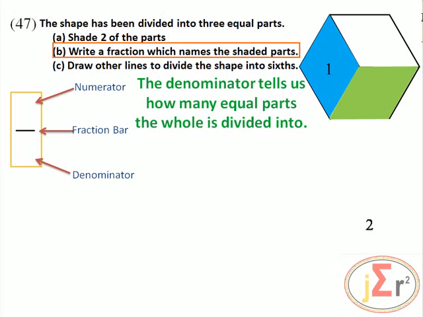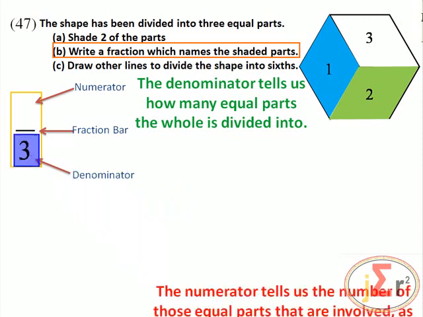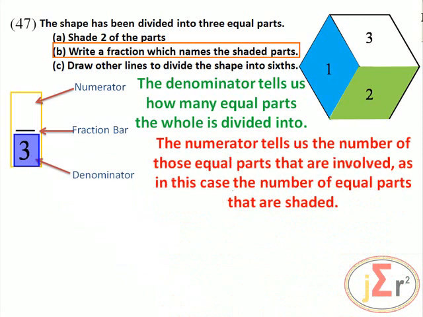The numerator tells us the number of those equal parts that are involved, as in this case, the number of equal parts that are shaded.